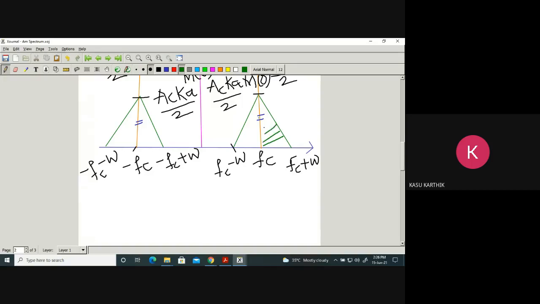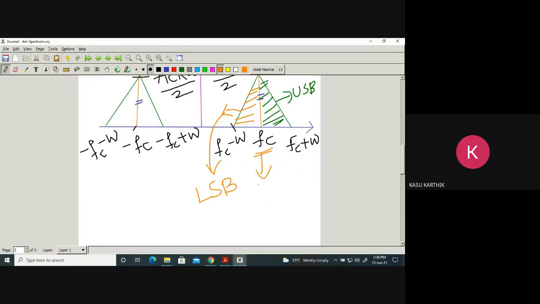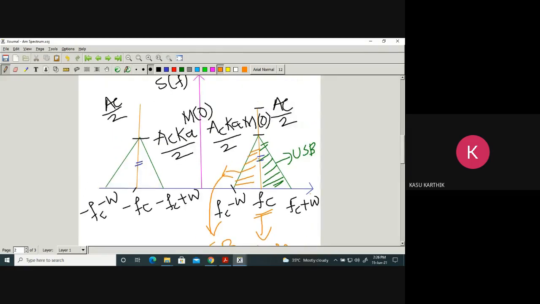The first component is known as the upper sideband, another component is called the lower sideband, and we have a carrier component at fc. This is called a pure carrier or unmodulated carrier. These are the three components present in the spectrum of our AM signal: upper sideband, lower sideband, and a carrier component at fc.